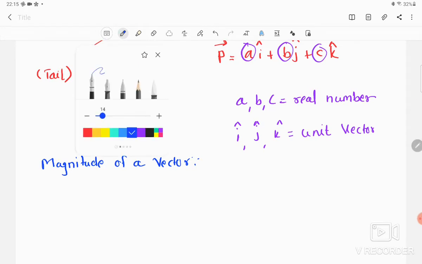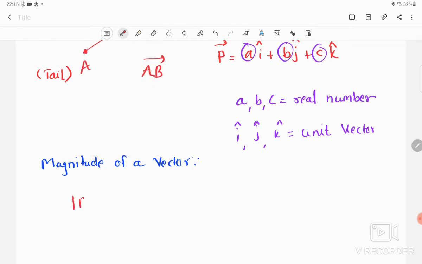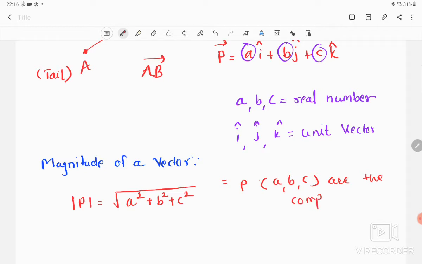If I want to find the magnitude of a vector P bar, I use the formula square root of a square plus b square plus c square, where a, b and c are the components of vector P bar. So the magnitude of a vector is given by this formula.